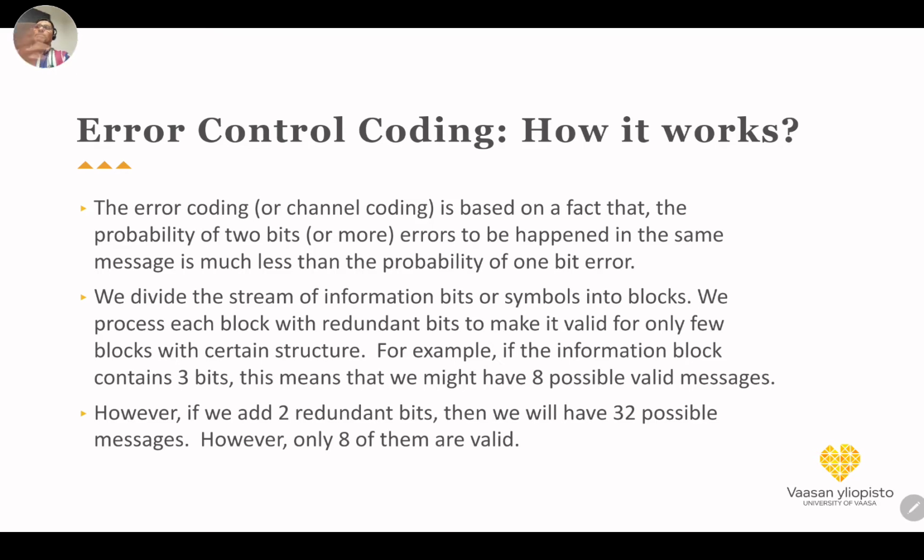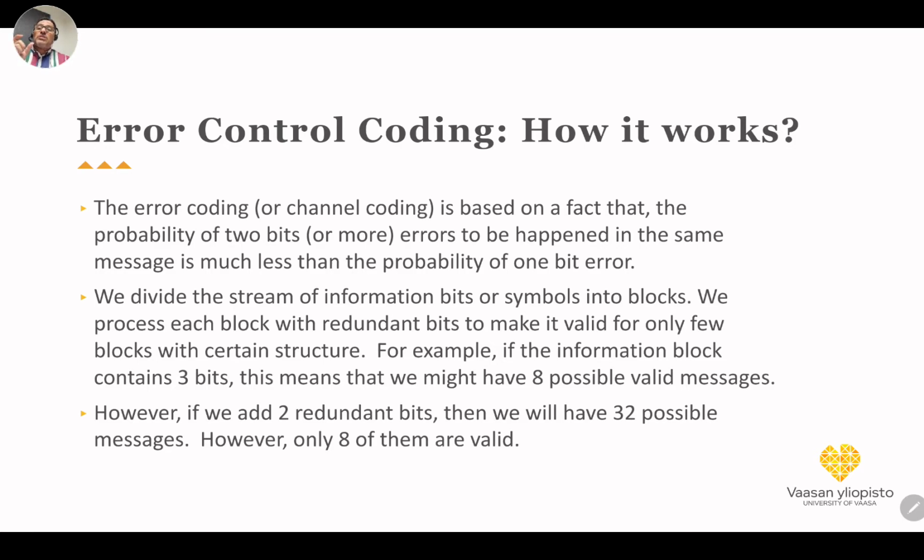What is the meaning of a redundant bit? Let us introduce it in a simple way. Assume that you have 3 bits of information, all of them information. Every time you have a series of bits from your source of data, for example a microphone, after that you have an analog to digital converter, which gives you a stream of bits representing this data.